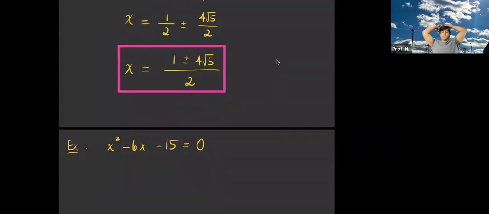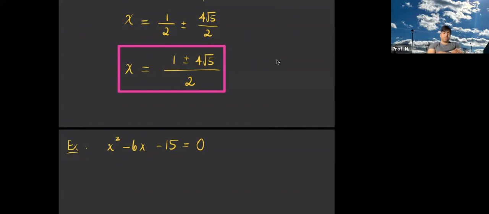Let's look at this. It's a trinomial, so the square root procedure that we just discussed is not applicable here because we can't take square roots. The problem is we have this x term here, so that's not going to work. Can we factor? So we think about, hey, what two numbers multiply to negative 15 but add to 6?